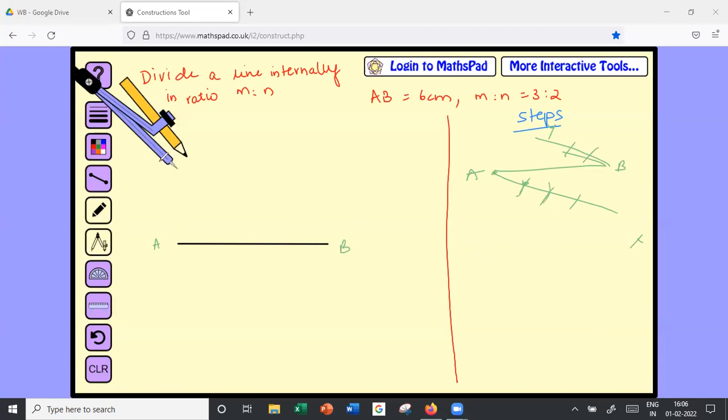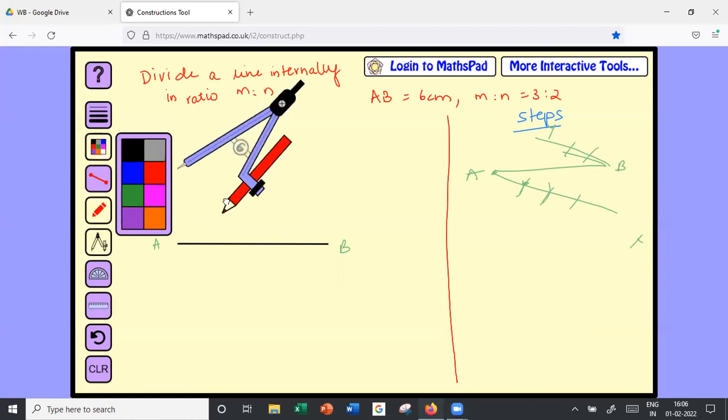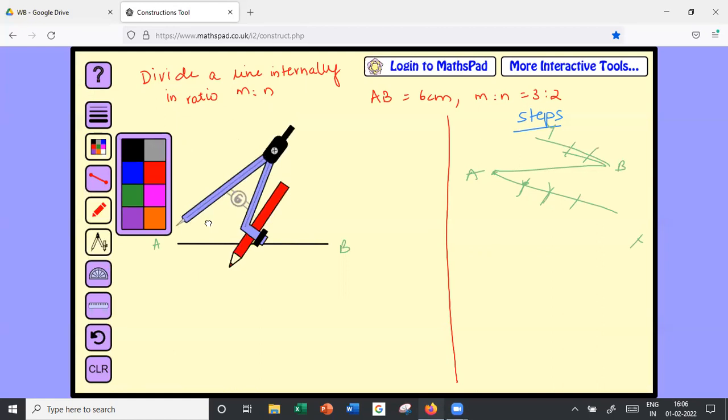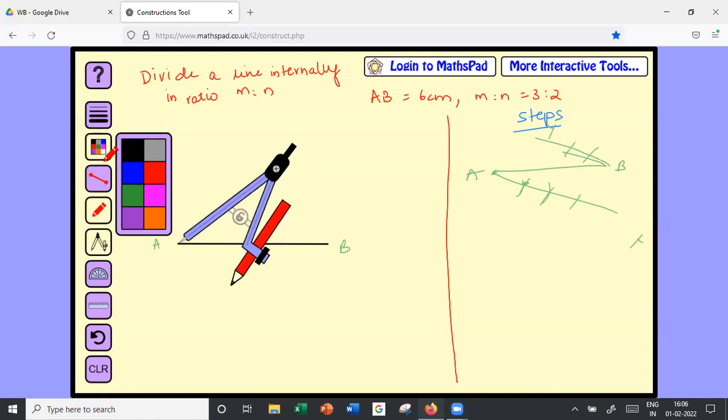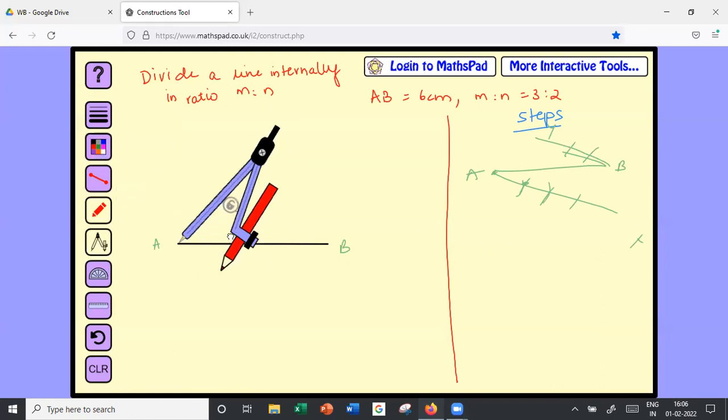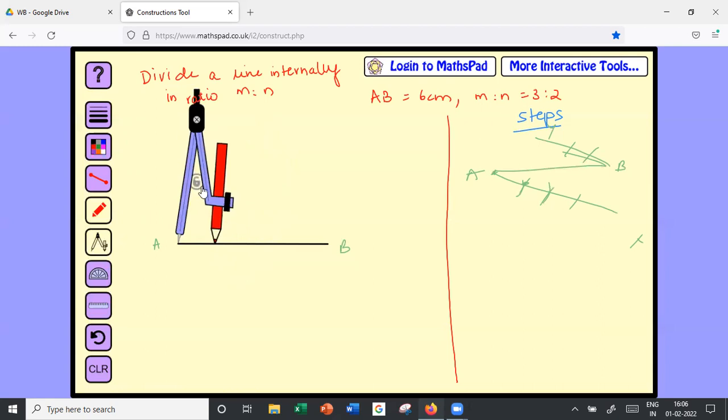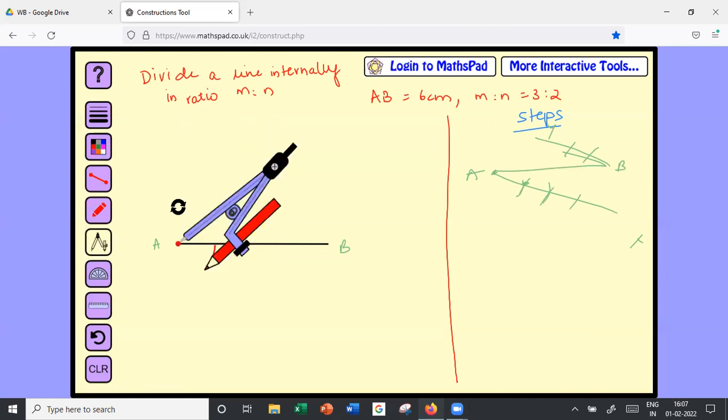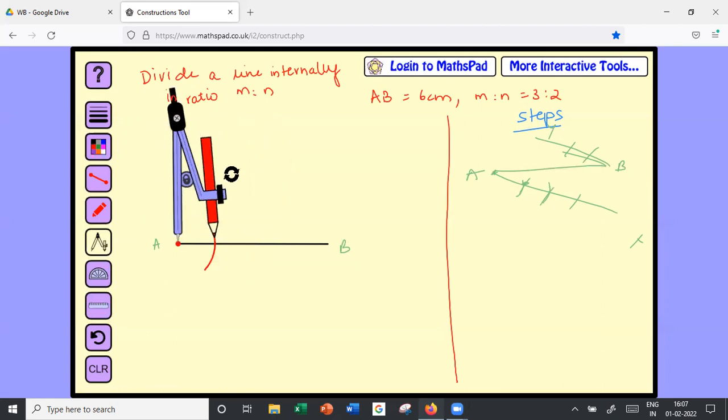Now, to avoid confusion, let me use the compass at this stage itself. I'm going to make an angle here at the bottom. I'm taking any random value and drawing a semicircle like this.